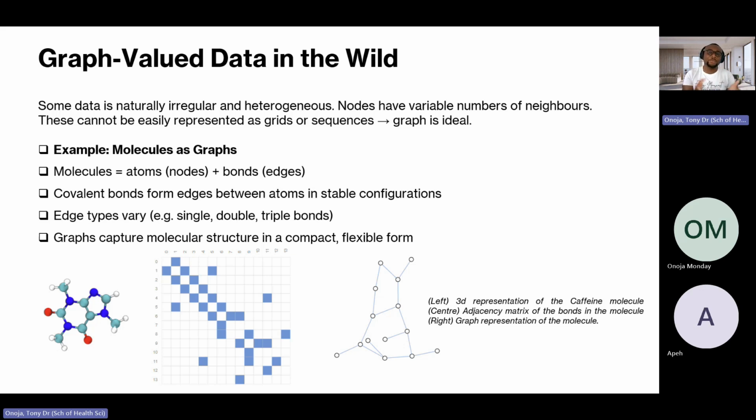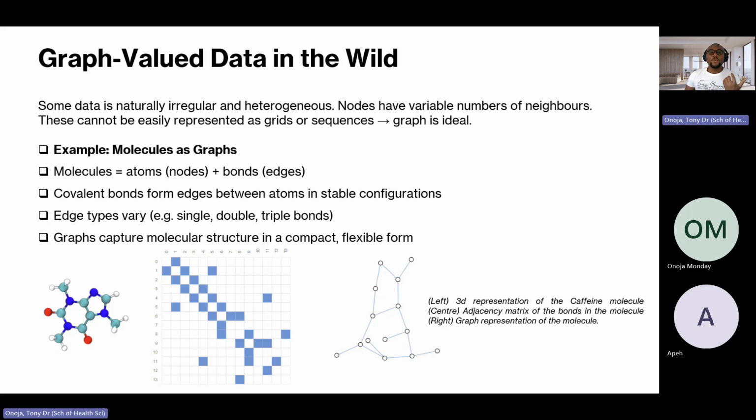Because remember, I just gave you an example of the carbon, hydrogen, and oxygen. So this kind of molecules usually are paired or come together as a result of the sort of bonding that happens between them. Either it's a covalent bond or some sort of electrostatic bonding.